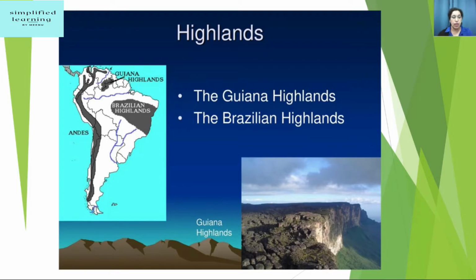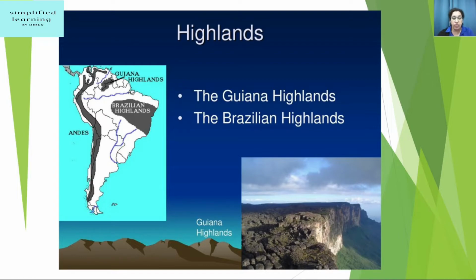Clear? The Guyana Highlands and the Brazilian Highlands form the Eastern Highlands. These two highlands are separated by the Amazon River. These highlands extend in the eastern part of the continent along the Atlantic coast. Okay, we know we have the Atlantic Ocean in the east.